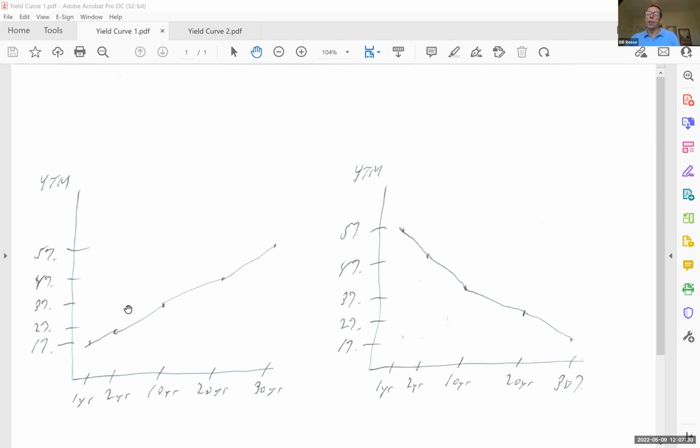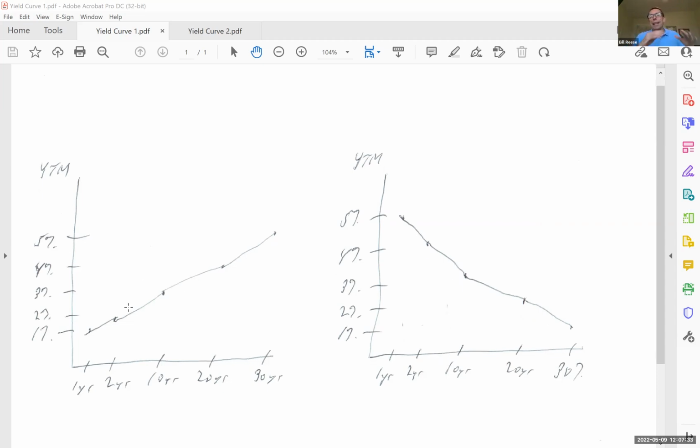So it doesn't take an exact shape at any one point in time. But this is an example of an upward sloping yield curve, meaning longer term bonds have higher yields than shorter term bonds, or long-term interest rates are higher than short-term interest rates. Okay, upward sloping yield curve.